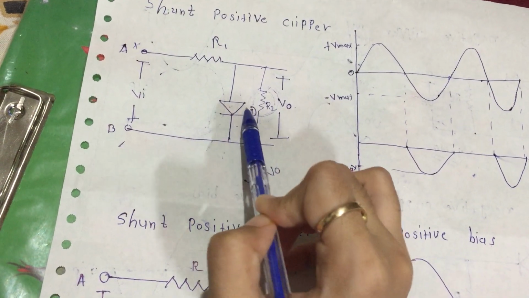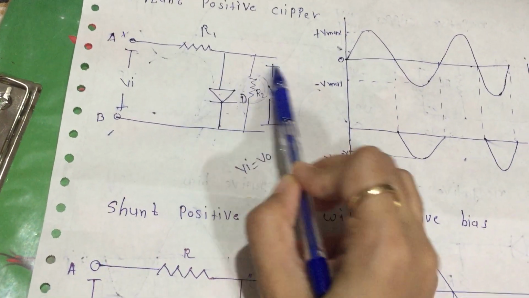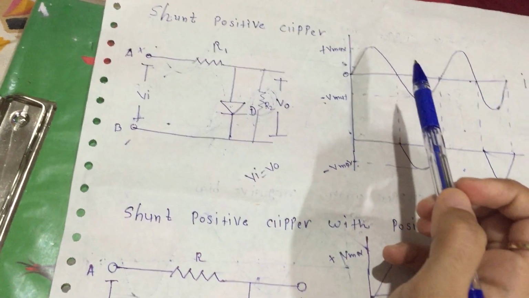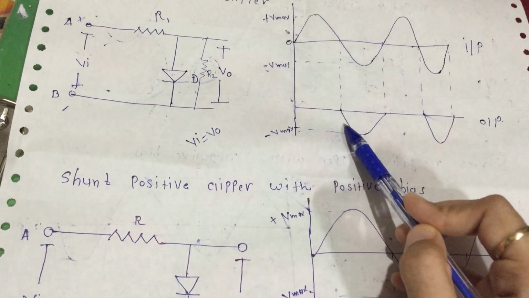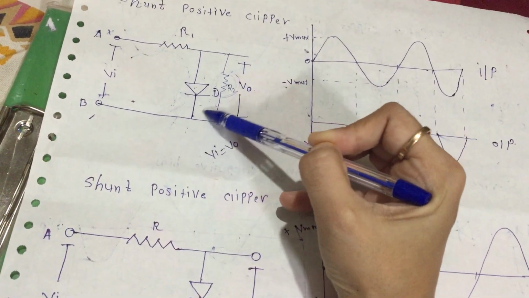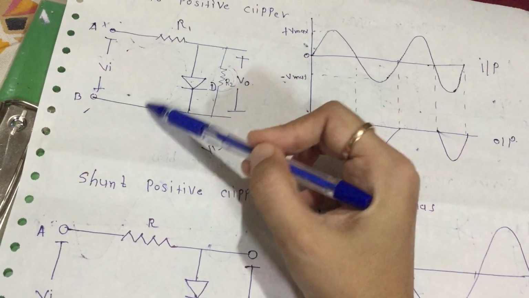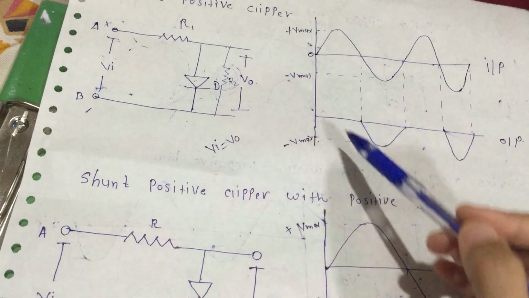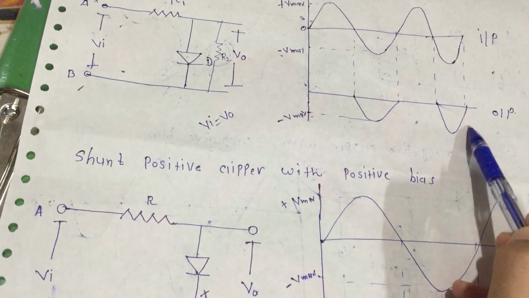Why? Because this is in reverse bias. But from this part and this part we get the output. So that's why we get the negative half cycle. Only this path is reverse biased, not the whole path. So from these two wires we get the output, which is the negative half cycle.